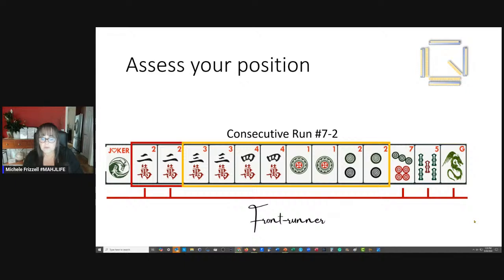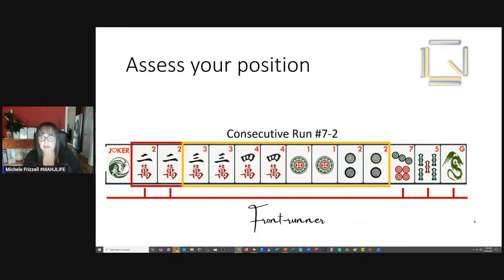There are several things you have to consider when you're assessing your position: the type of hand you're playing, how many gaps and weaknesses you have, if any, number of discards, and whether or not you have joker bait. If you're playing a hand of least resistance, 2 pungs, 2 kongs, that is an indestructible hand, so you can quickly turn that hand around.